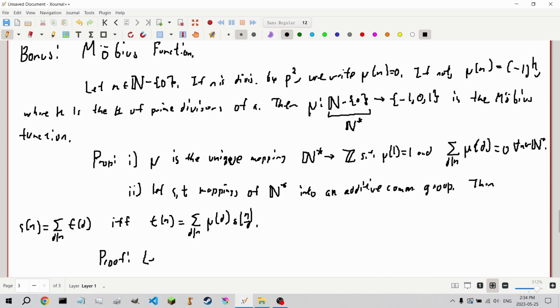So let n be an integer greater than 1, with P the set of its prime divisors.